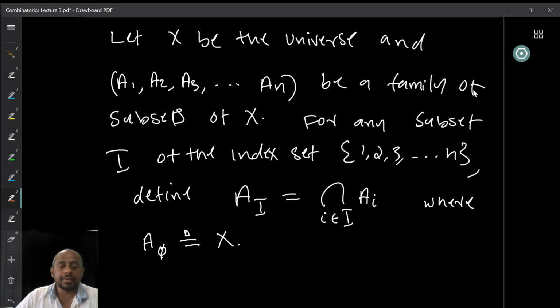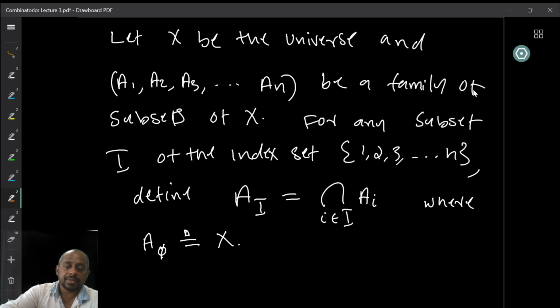So if you decrease the number of sets that we are intersecting to 0, then you should have the maximum possible elements, which is the universe itself. Therefore, we define A empty set to be the universe X.